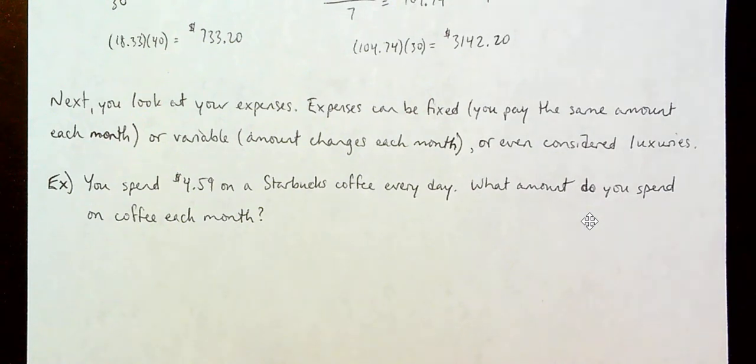So here we spend $4.59 every day on coffee from Starbucks. As we said, we typically work with 30 days per month, but for the sake of costs, let's do 31 days. Let's up those costs just a little bit. We know that the maximum number of days in a month is 31 days.